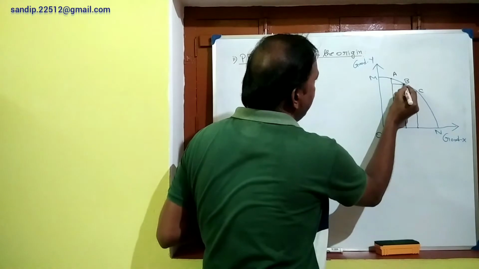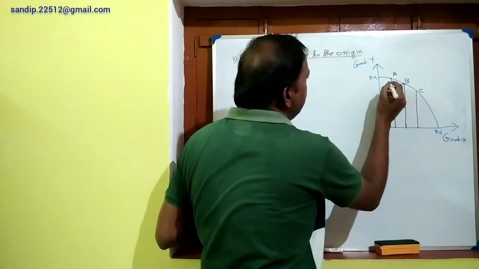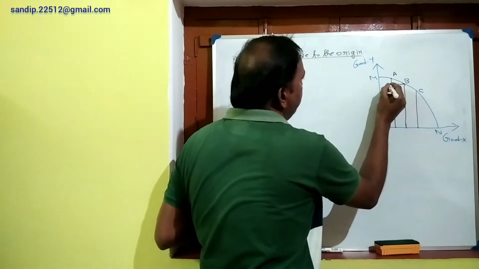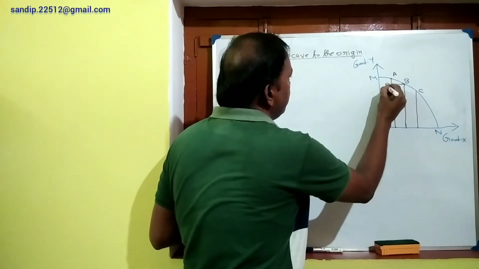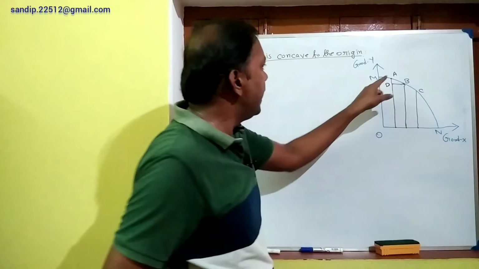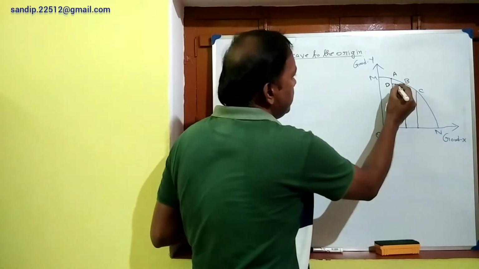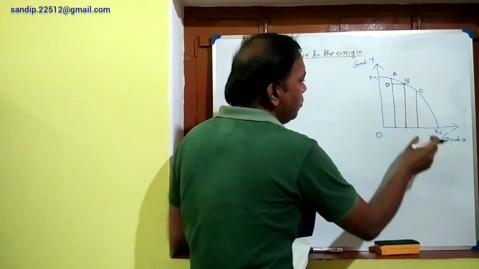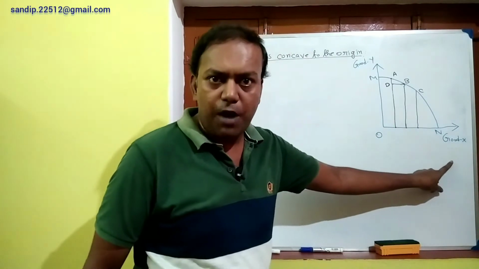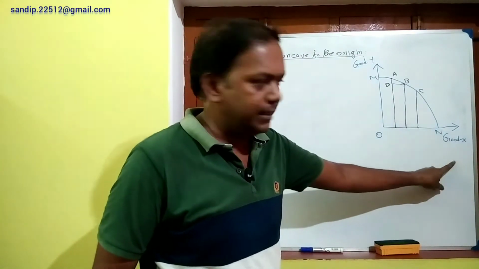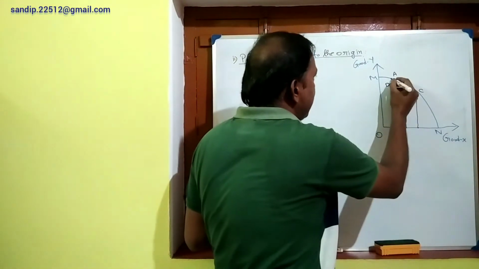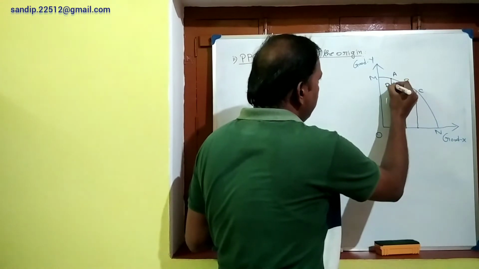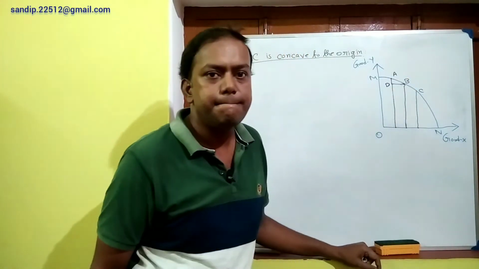He sacrifices, suppose, this much, up to point D, suppose AD amount of good Y. So you see, for BD amount of extra production of good X, the producer is sacrificing AD amount of good Y. Okay.